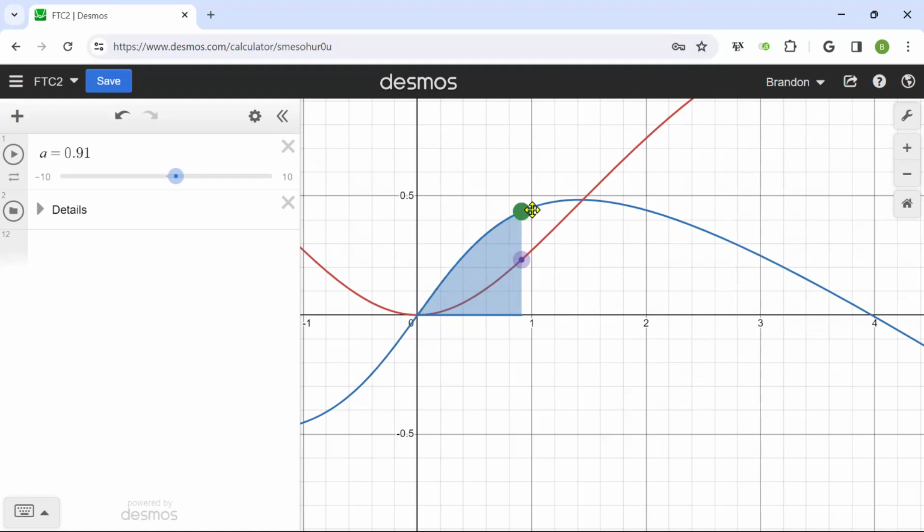And if I were to go a little bit further here, you could see that this blue region is pretty close to about half of this 1 by 1 square. You see it's about half of that 1 by 1 square. And so that suggests to us that the area here will be approximately 1/2. Now there's this red curve here, and if I click on a point near it, you can see that, oh, I'm sorry, this is not a square.